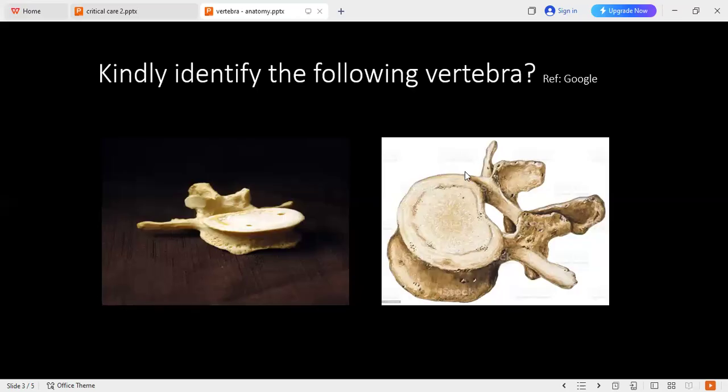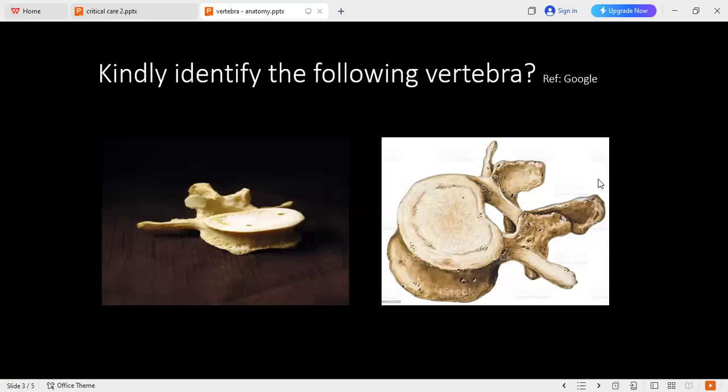If you could tell me the parts of the vertebra, what is this? This is the vertebral body. What is this? This is the inferior facet joint, and this is the pedicle. What is this, please?